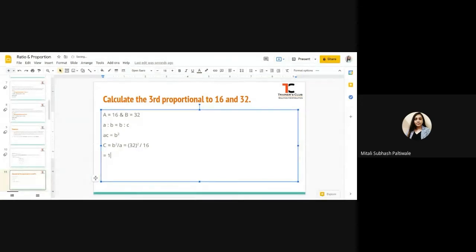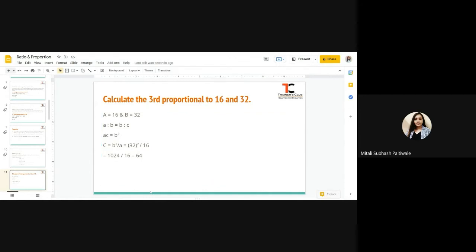Okay, it's 1024 divided by 16. So 1024 divided by 16, you will get the answer as 64. Okay, so your answer is 64. So 64 would be the third proportional of A and B, 16 and 32.